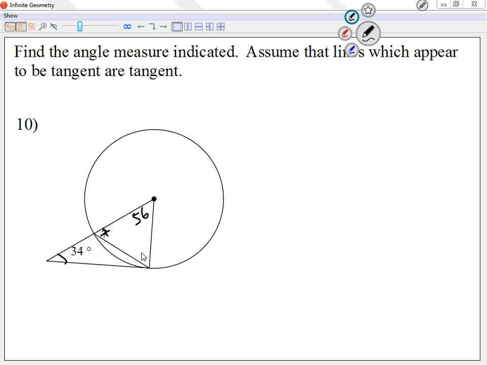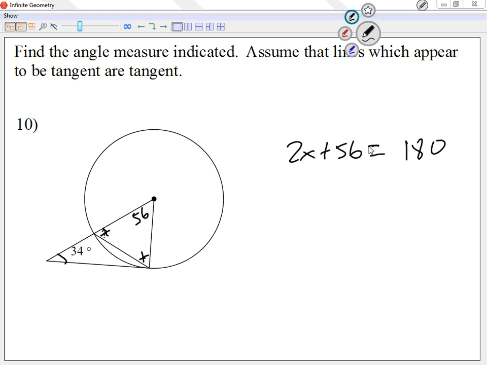The cool thing on that one is this other one right here, it is also X. Right? We're dealing with an isosceles triangle here, so these 2 angles are the same. So I call one X, the other one is X. So now, if you add the 3 angles, I'm looking at this triangle here, you have 2X plus 56. Right? I added the 3 angles, and that is equal to 180.